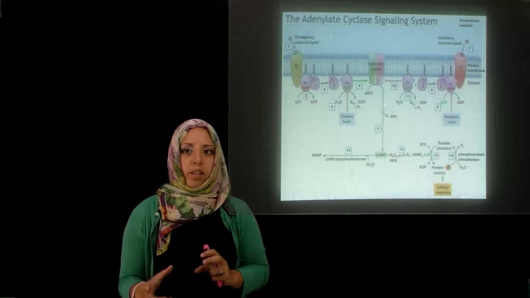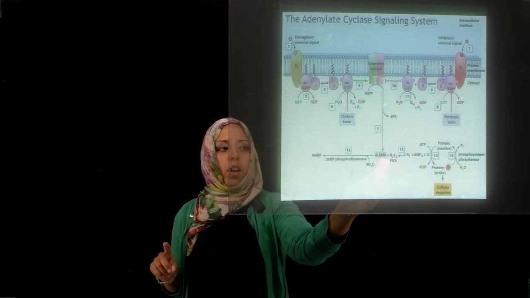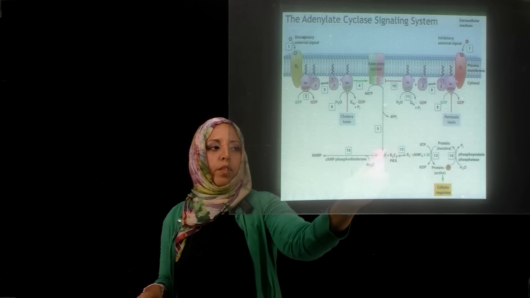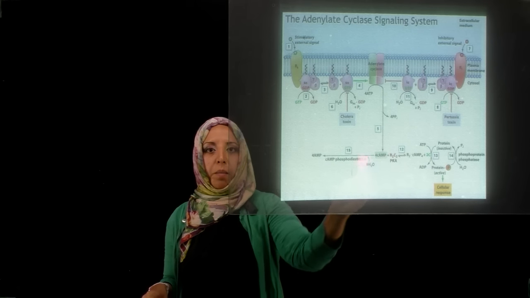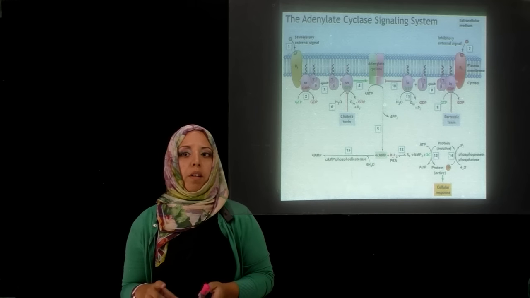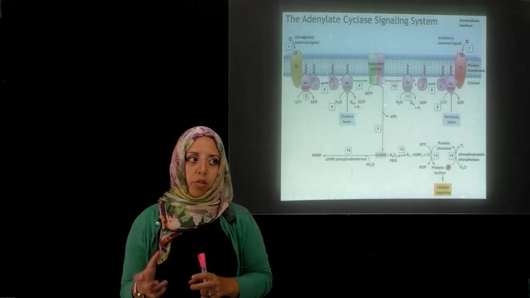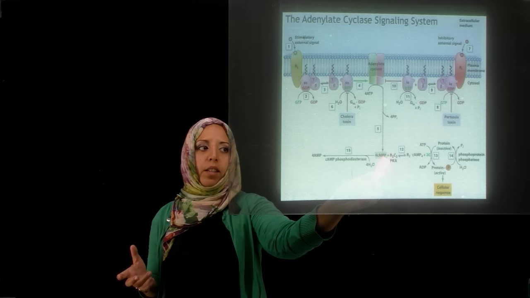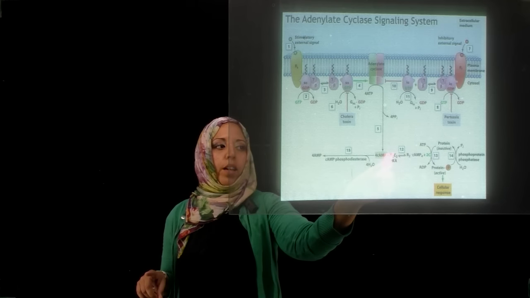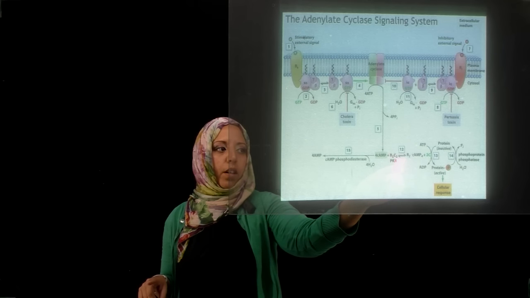And then those cyclic AMP molecules will bind to the regulatory subunit of protein kinase A. Once the very first cyclic AMP binds to the C-terminal end of the regulatory subunit, that will cause conformational change within the N-terminus domain of one of the regulatory subunits, allowing cyclic AMP to bind, and also allowing the catalytic subunit to dissociate from the regulatory subunit.